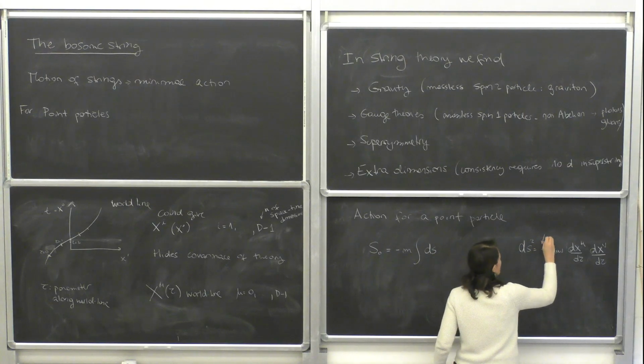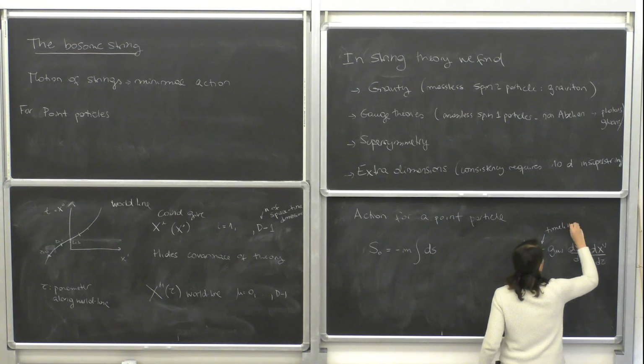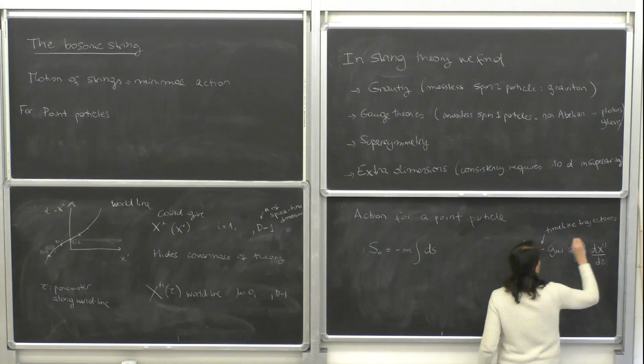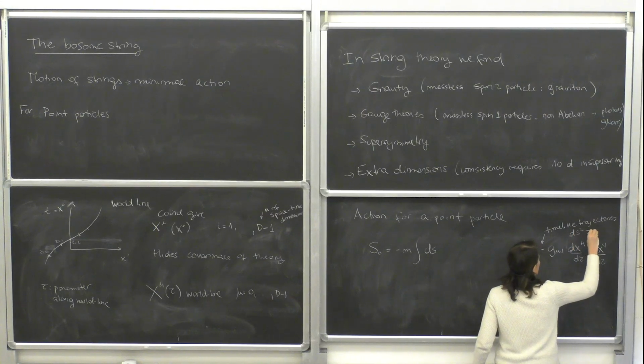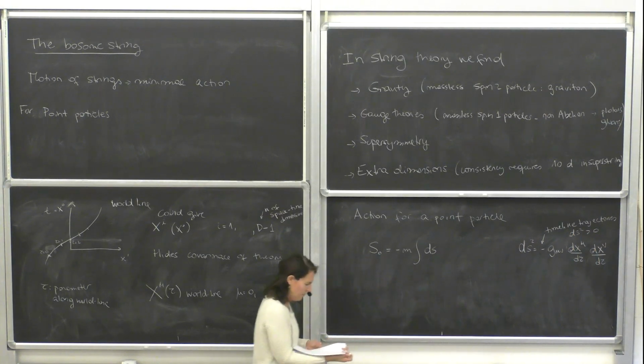So this minus sign is for time-like trajectories. Time-like trajectories will have ds squared larger than 0 with that minus sign.